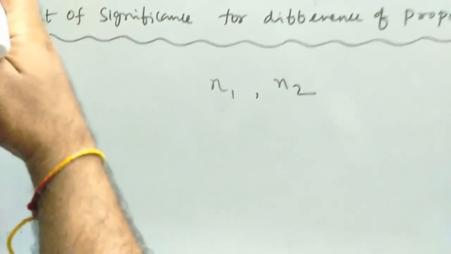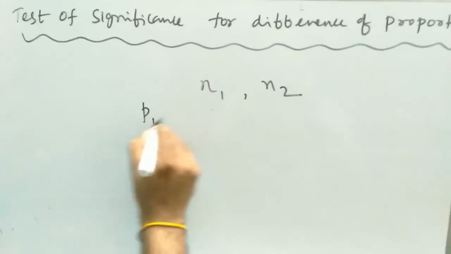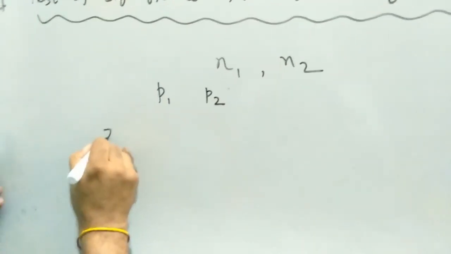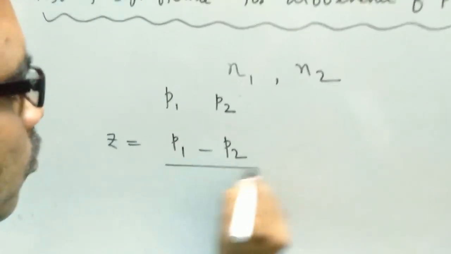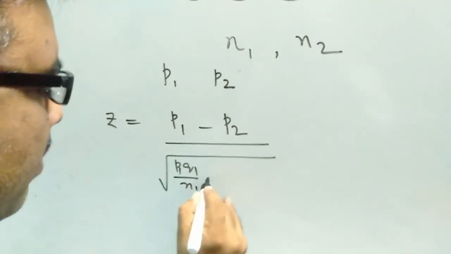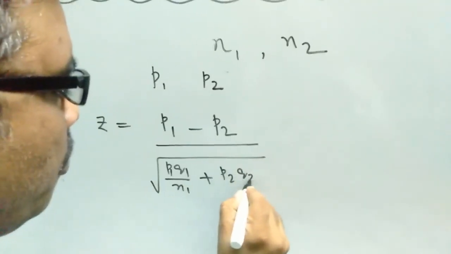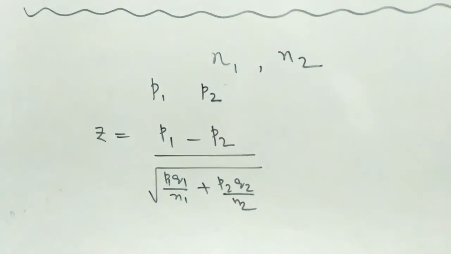To test the significant difference between the two population proportions, small p1 and small p2, we use the statistic z is equal to p1 minus p2 by square root of p1 q1 by n1 plus p2 q2 by n2. This is the statistic. You have to keep this in mind.